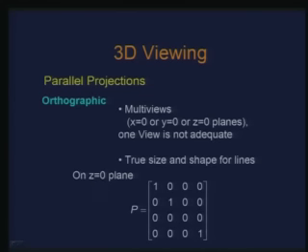Then the matrix I would require is this, where the third column has all entries 0. Similarly, for orthographic projection on the y equal to 0 plane, the second column will have all entries 0, and so on, similarly for the x equal to 0 plane.